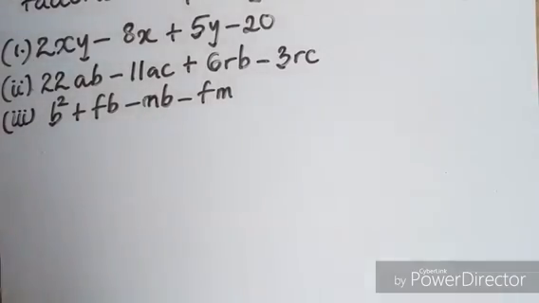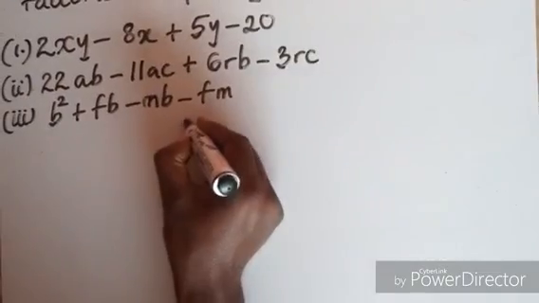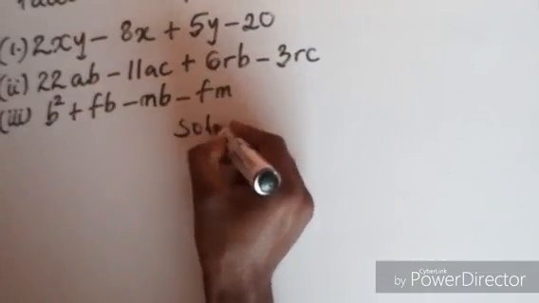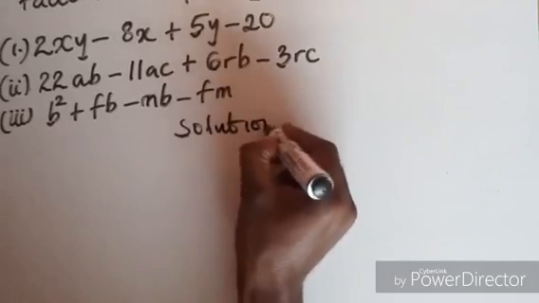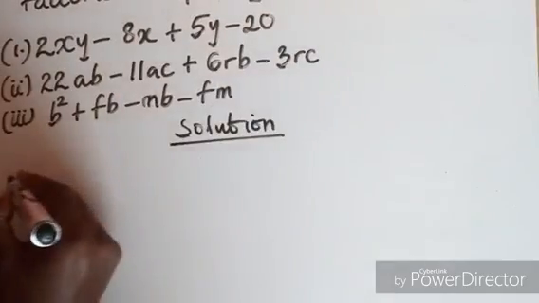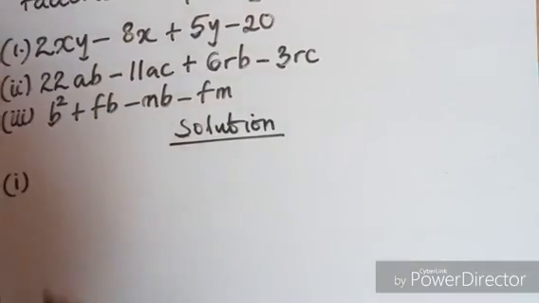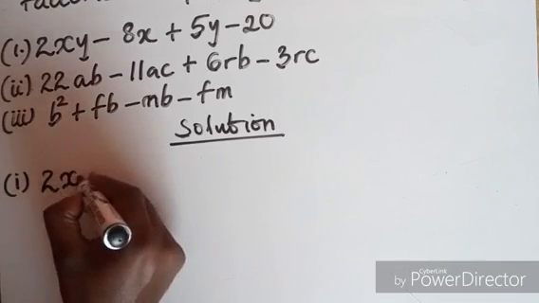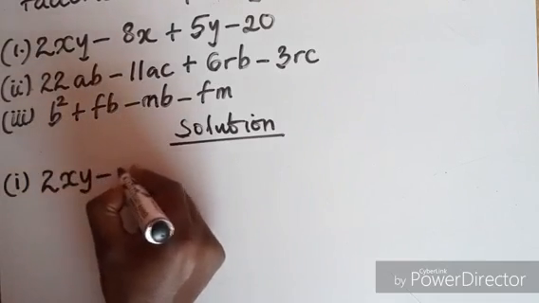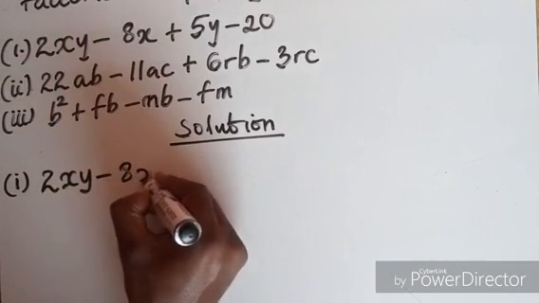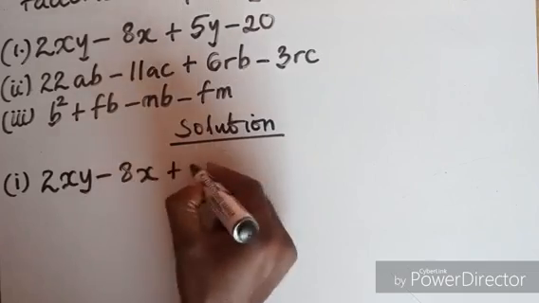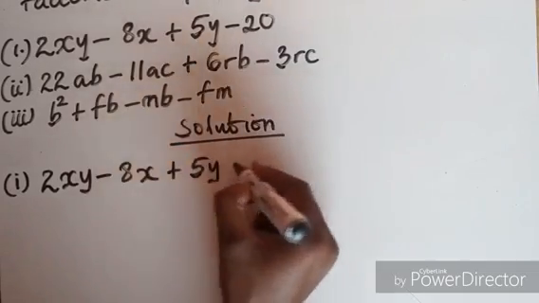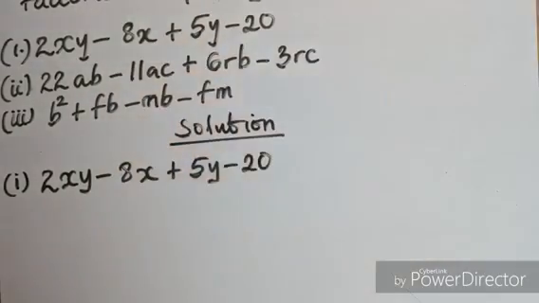Let's start. Solution. We have 1, that is I, 2xy minus 8x plus 5y minus 20.